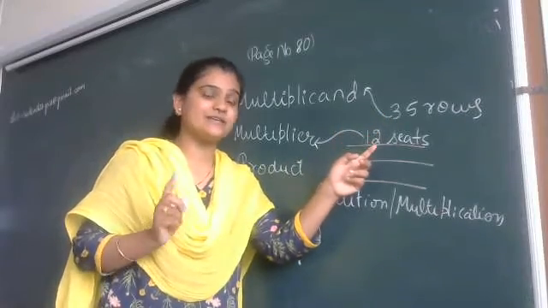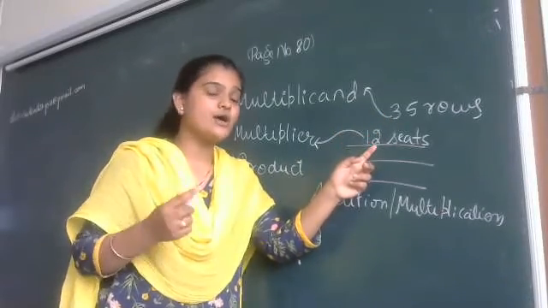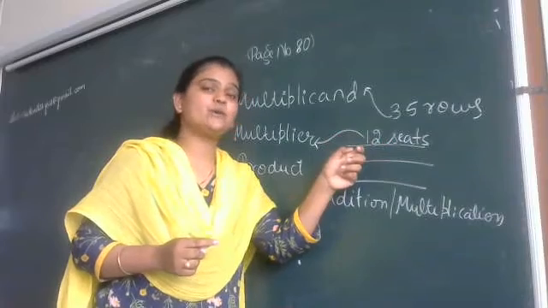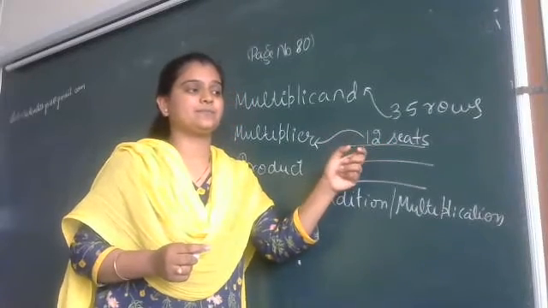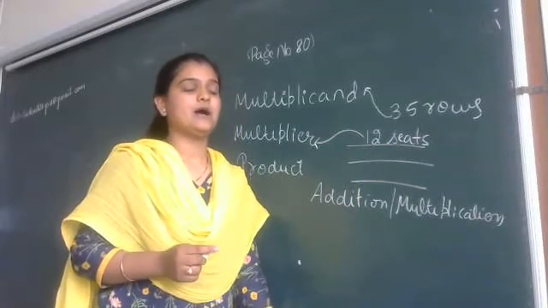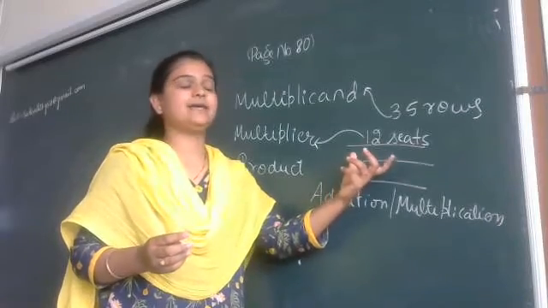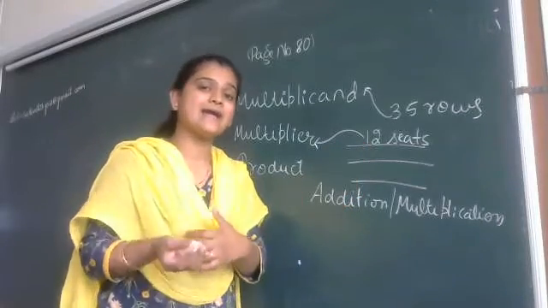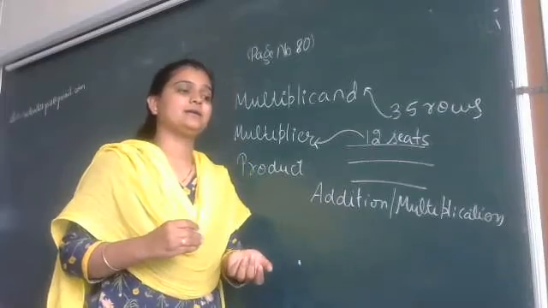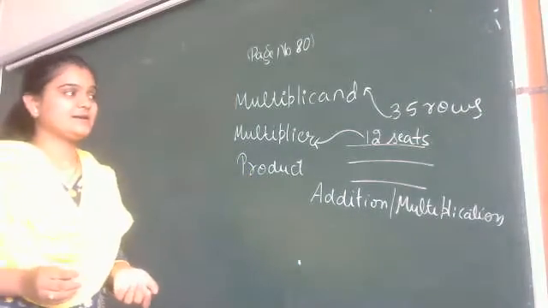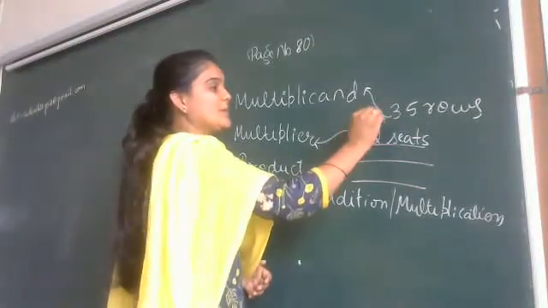35 plus 12, is it the solution? Or 35 into 12 is the solution? To find how many seats are there in a cricket stadium, you will add or you will multiply? Yes, we are going to multiply.